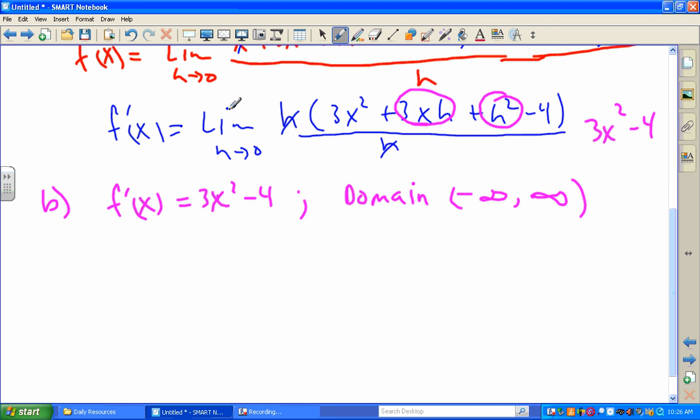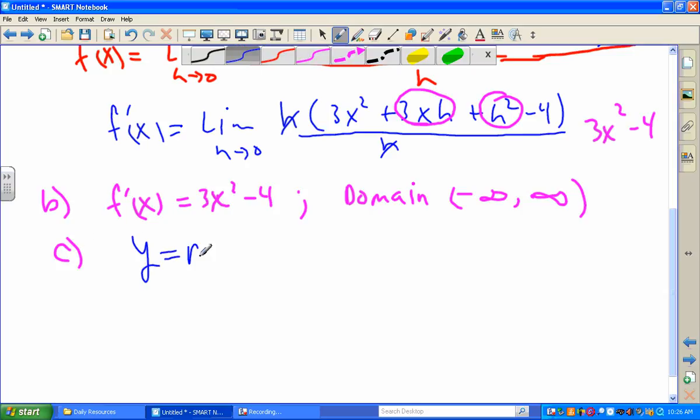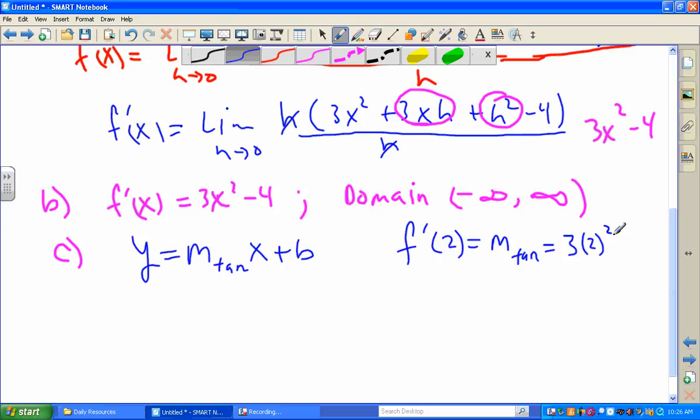Because the equation of the tangent line is nothing more than y equals the slope of the tangent line times x plus b. F prime of 2 gives me the slope of the tangent line, which means the slope will be 3 times 2 squared minus 4. 4 times 3 is 12, minus 4 is 8.